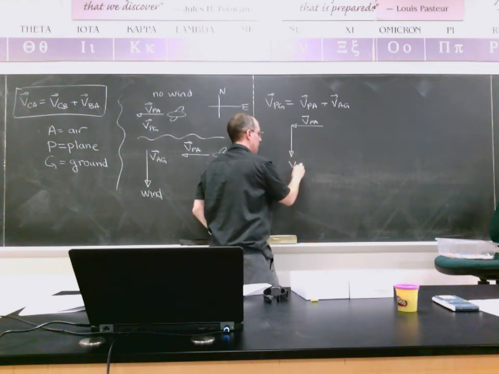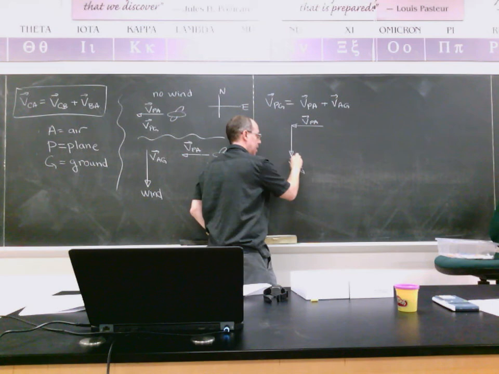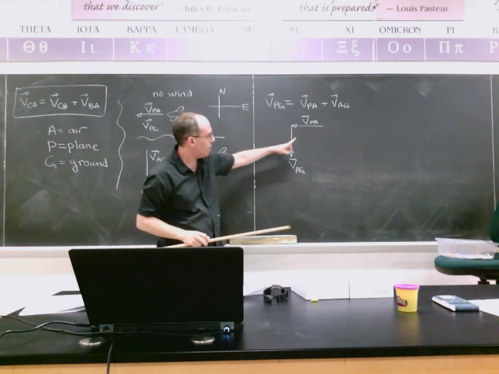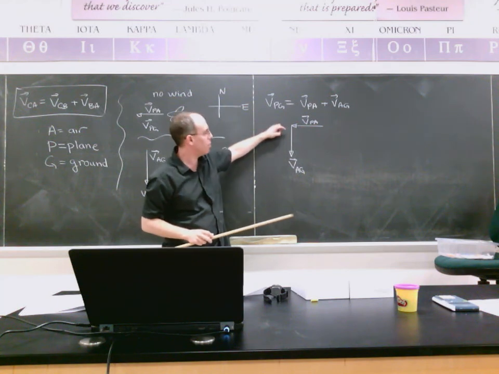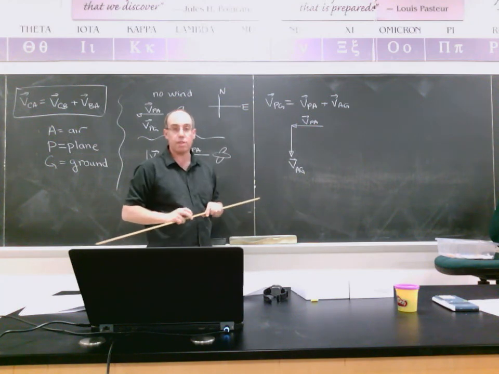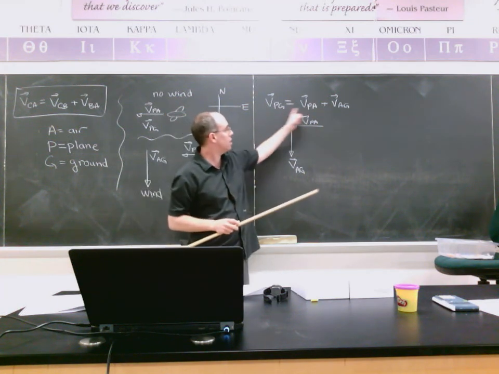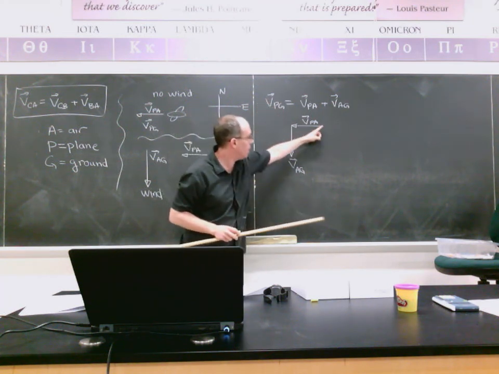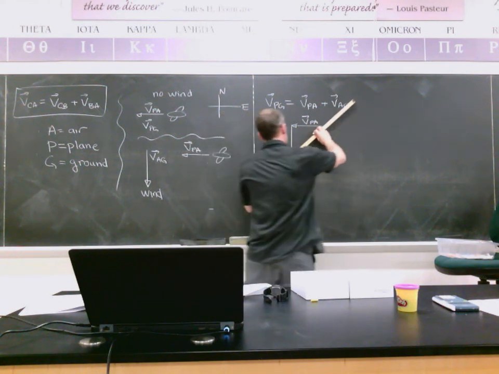Velocity of air with respect to ground here, pointing to the south. And according to the sandwich rule, the velocity of the plane with respect to the ground would be the vector sum right in here.